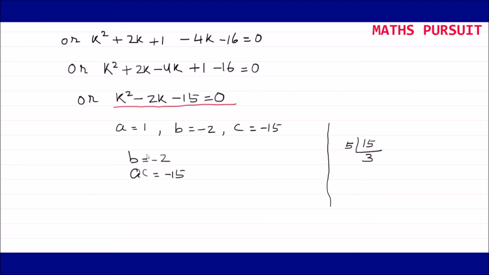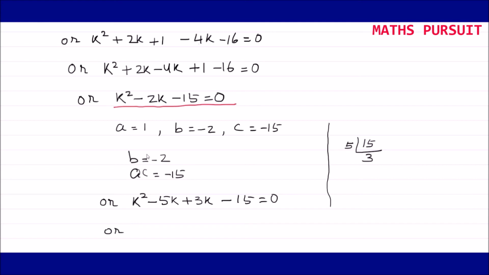So here I can write the above equation as k to the power 2 minus 5k plus 3k minus 15 is equal to 0. See, minus 5k plus 3k gives minus 2k, which is our requirement, and similarly minus 5k into 3k gives minus 15, which is also what we required.